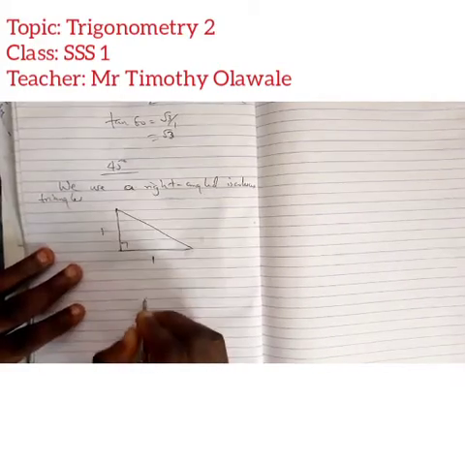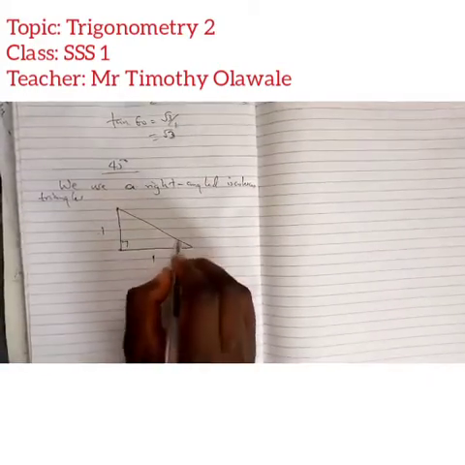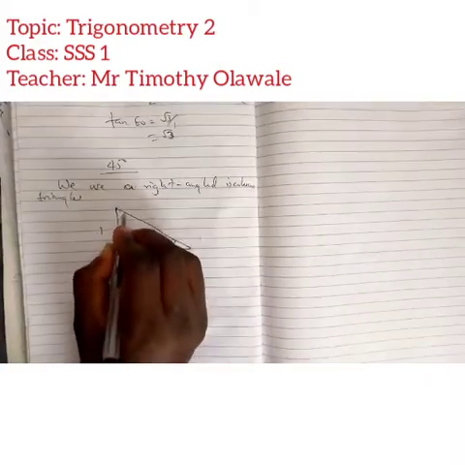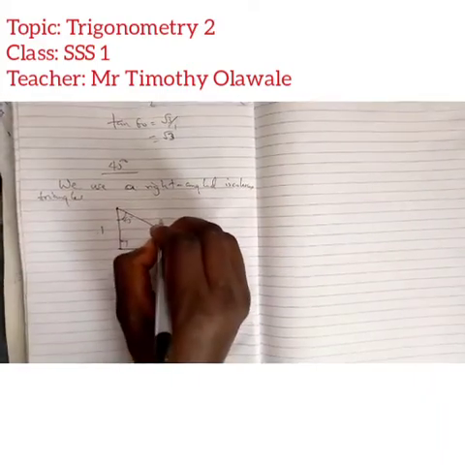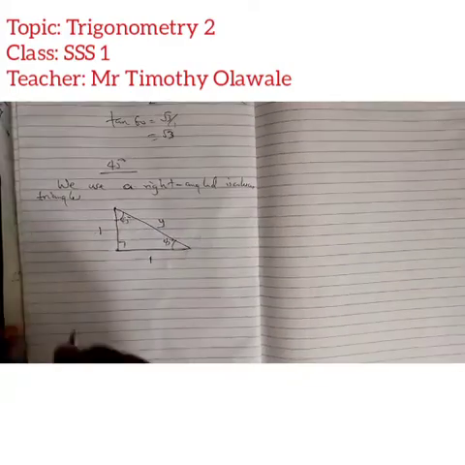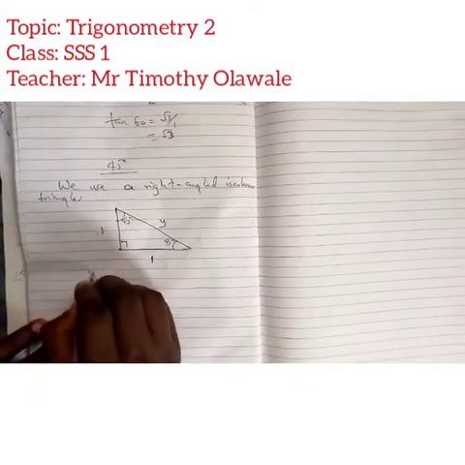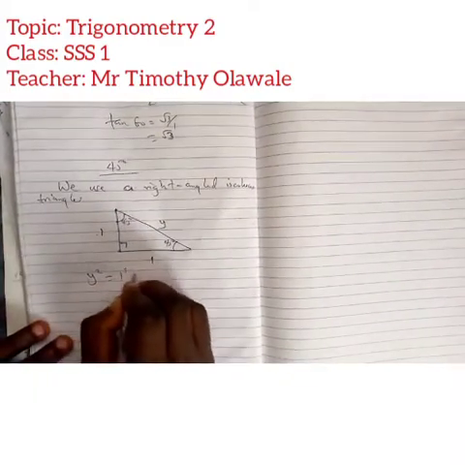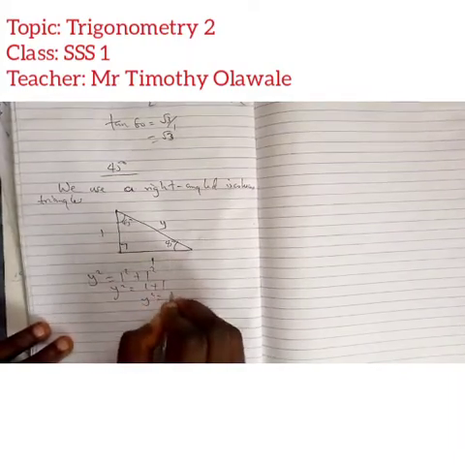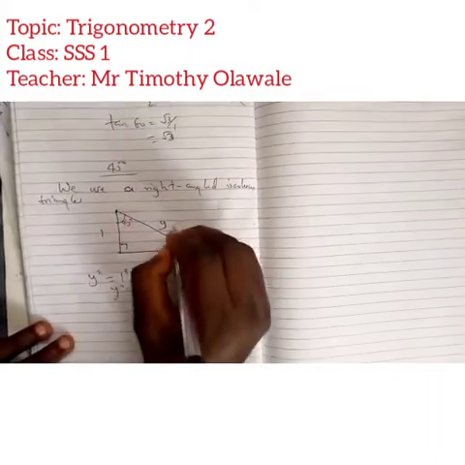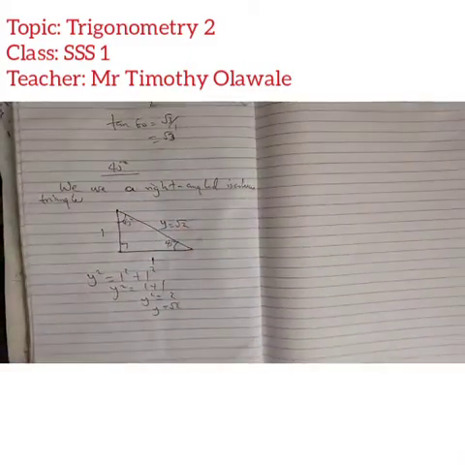Are you with me? Because this is 90 degrees and it's isosceles, this will be 45, this would also be 45. We need this side, which is the hypotenuse y. Using Pythagoras theorem I taught you yesterday, y squared equals 1 squared plus 1 squared, y squared equals 1 plus 1, y squared equals 2, y equals square root of 2. So this is square root of 2.